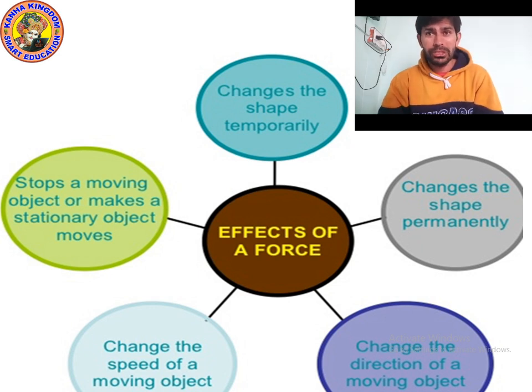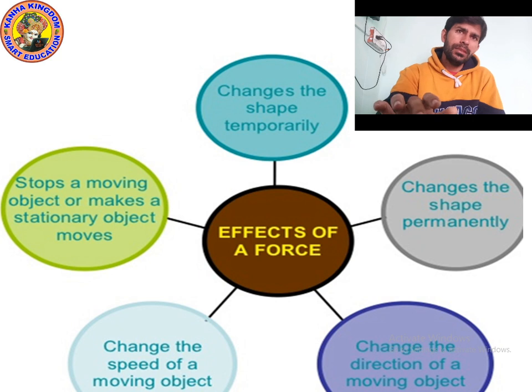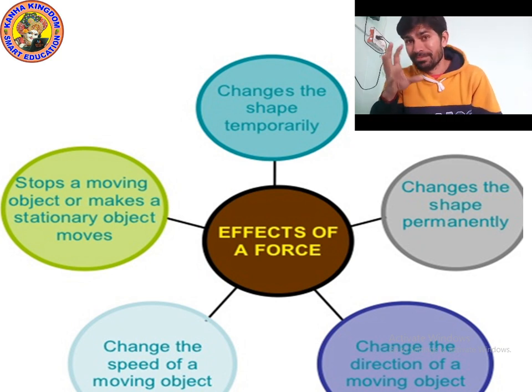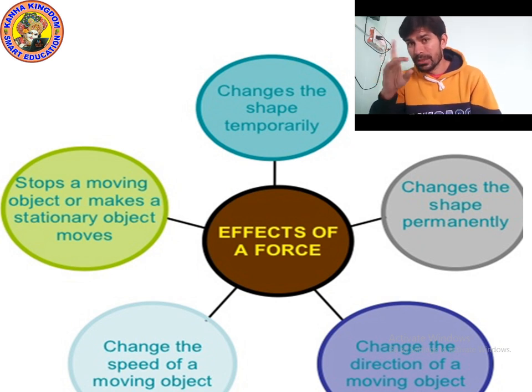Yes, definitely it will change. And some more examples: if you have a paper and try to make a ball, the shape will become a ball. You can make an aeroplane, you can make a boat using the paper. So you can make different things using just a single sheet of paper.